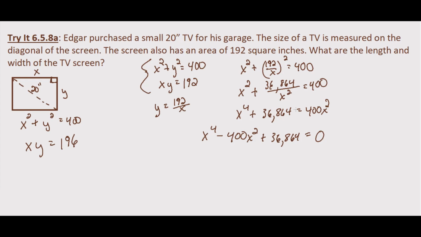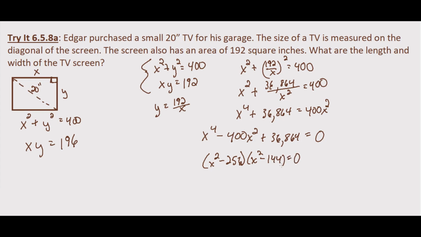The factors of 36,864 are negative 256 and negative 144. Those add to negative 400 and multiply to 36,864. So this will factor to x squared minus 256 times x squared minus 144 equals 0.